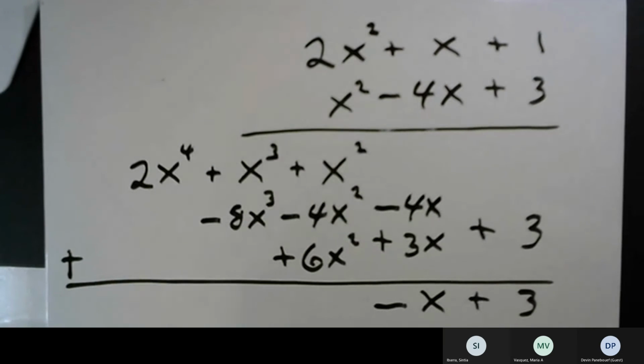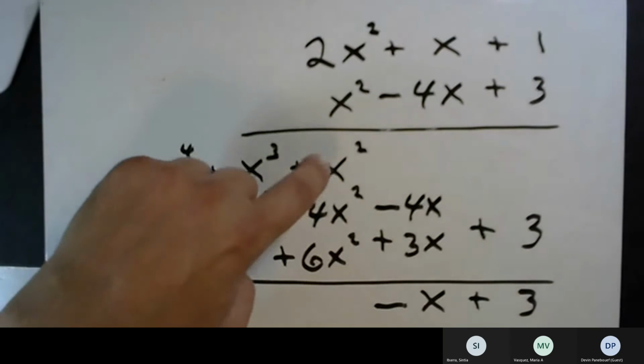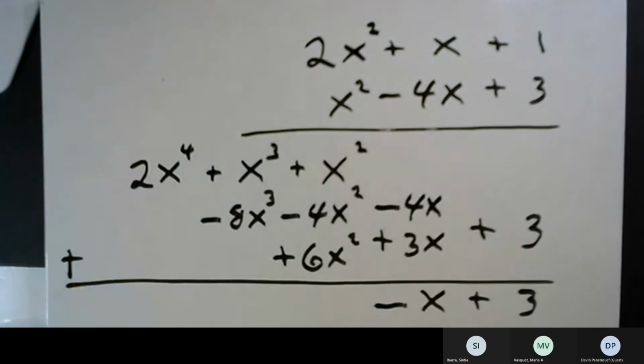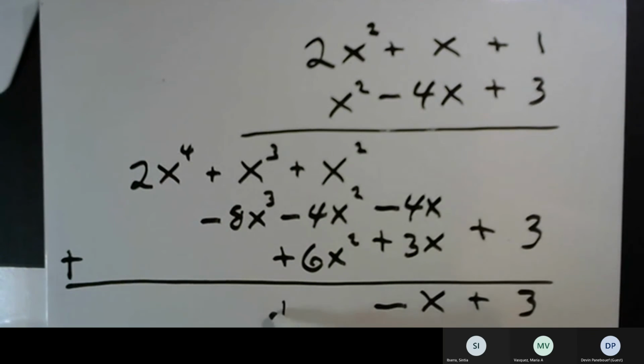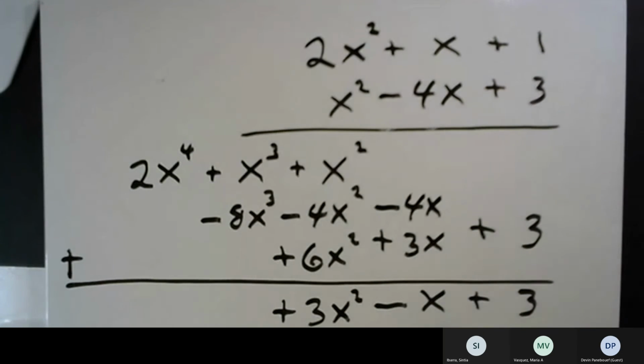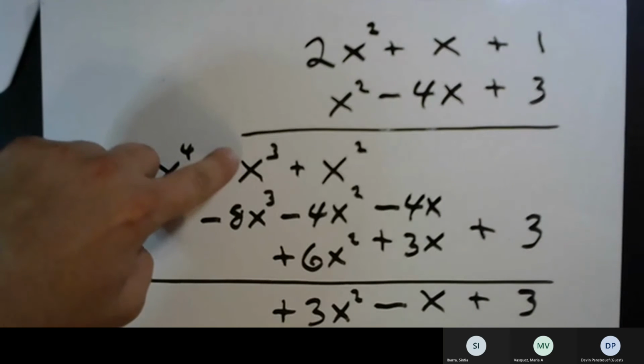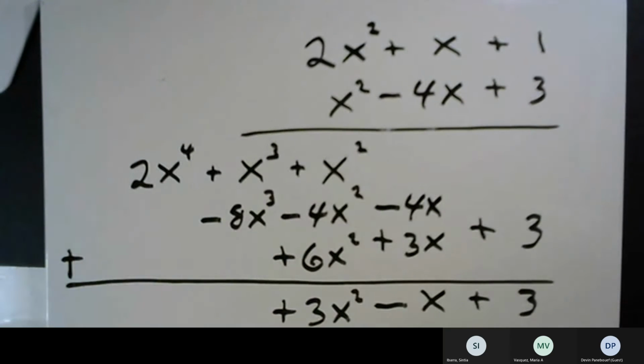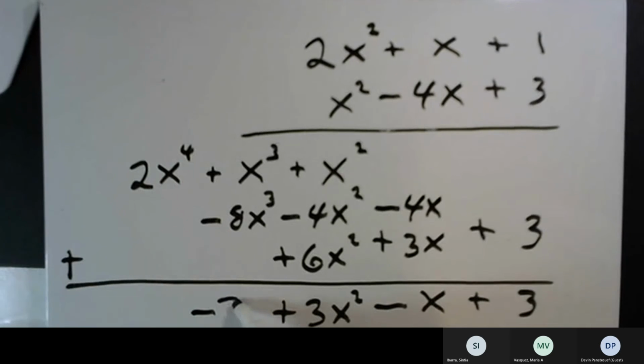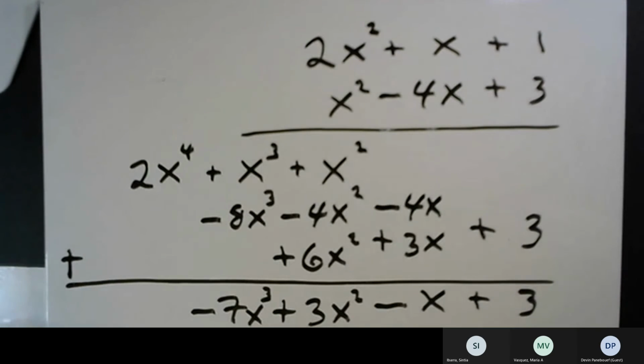This is a positive 3. 1 minus 4 plus 6, that's going to be positive 3x squared. x cubed minus 8x cubed, negative 7x cubed. And then this, well, it's just going to be 2x to the 4th.